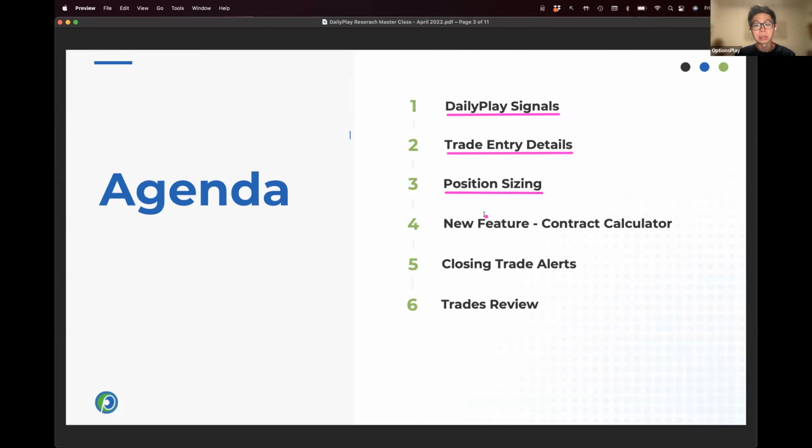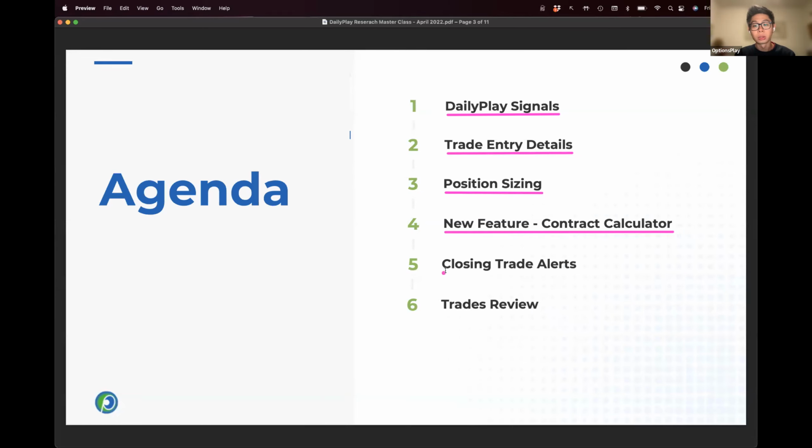So I want to show you a new feature that we just released into the Options Play platform, a contract calculator. It's based on your portfolio size and the percentage you're willing to risk, and it can automatically calculate the appropriate number of contracts to trade, based on either a trade that you originate on your own, or one of the daily play trade ideas that we send out.